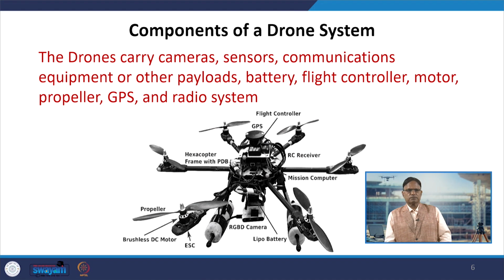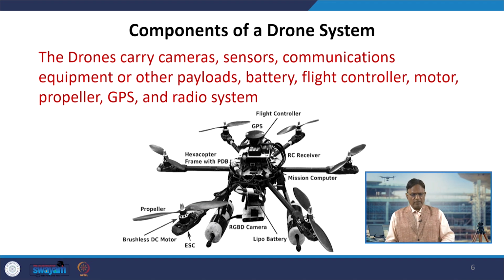There are various components of a drone system, so we will discuss them one by one. It includes the camera system, sensor system, communication equipment, other payloads, battery, flight controller, motor, propeller, GPS and radio system.